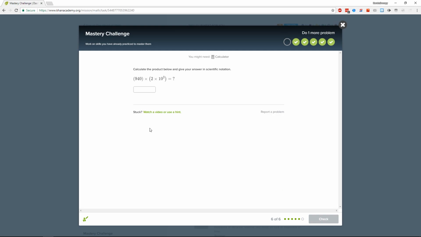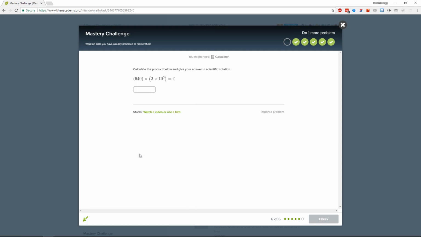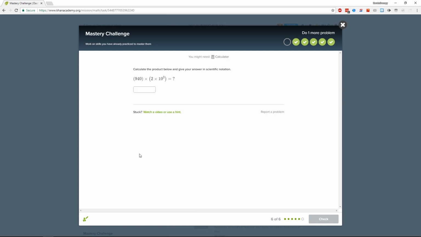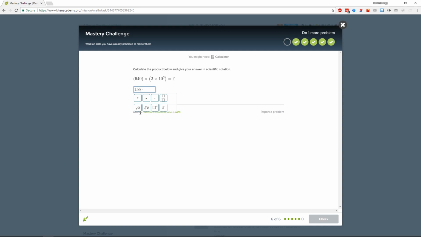Calculate the product and give your answer in scientific notation. You might need a calculator. 2,000 times 940 is 1.88 times 10.